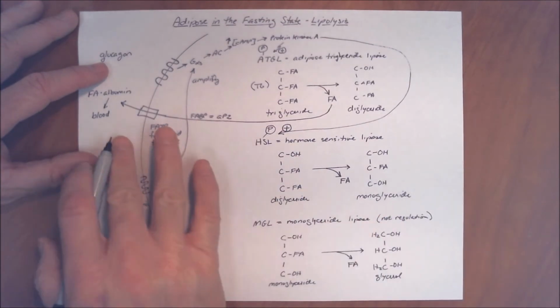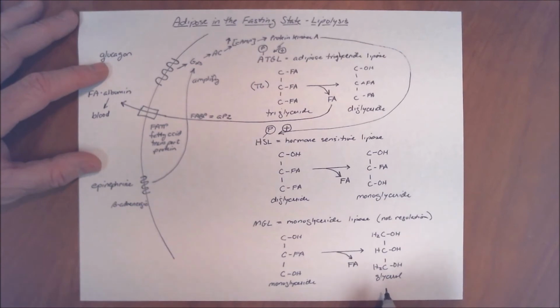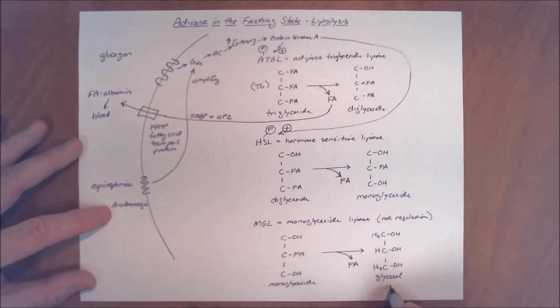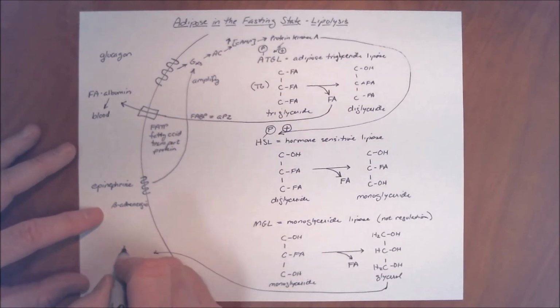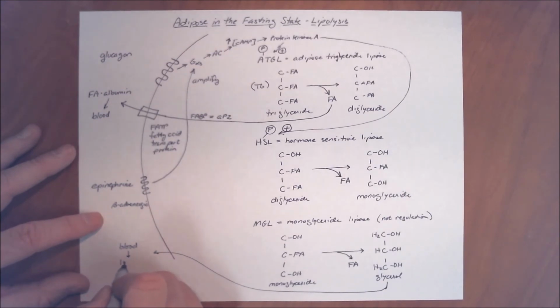Now the fatty acids are transported out in the blood. The fate of glycerol is also transport into the blood. From the blood, the glycerol is taken up by the liver, by hepatocytes.